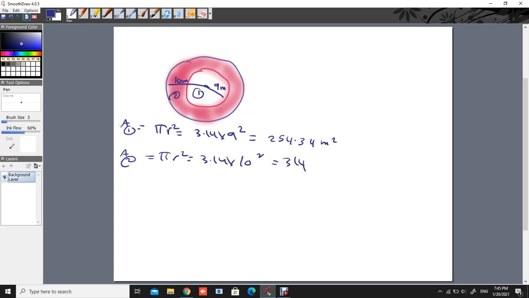Now the total area, or the shaded area, equals 2 minus 1, which is 254.34 minus 314 equals, no, I think I did a mistake here.